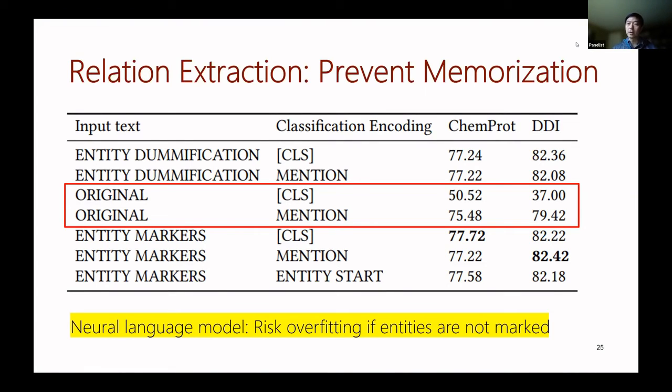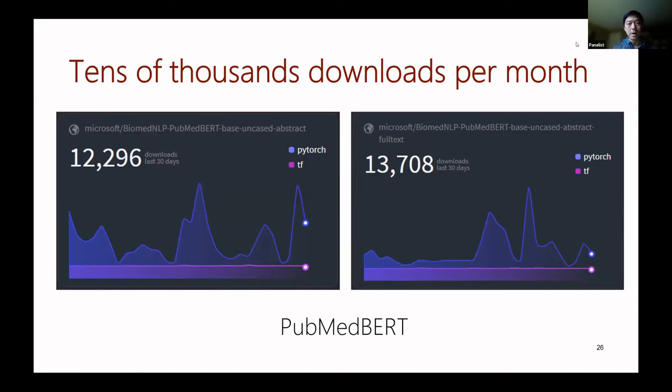But fortunately, there are many ways to counteract this problem. For example, you can dummify the entity, or you can add entity markers, and both of them work pretty well. We released PubMedBERT on Hugging Face, so you can easily find it, and we are very excited to see the community has shown a lot of interest.